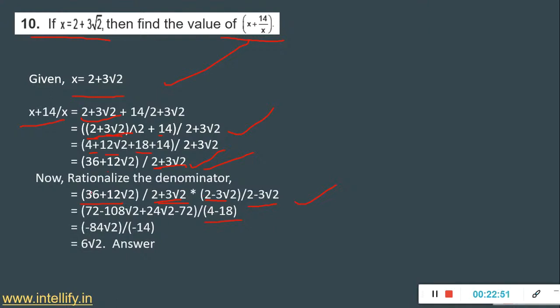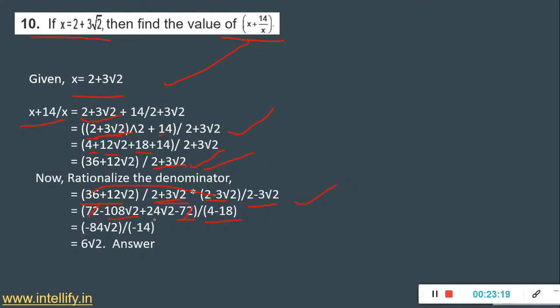In the numerator we multiply 36 by 2, that is 72, minus 36 into 3 root 2, that is minus 108 root 2, plus 12 root 2 into 2, that is 24 root 2, minus 12 root 2 into 3 root 2, that is minus 72. 72 and 72 will cancel out.